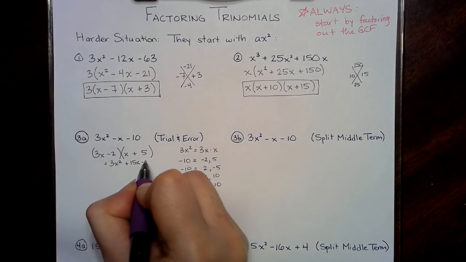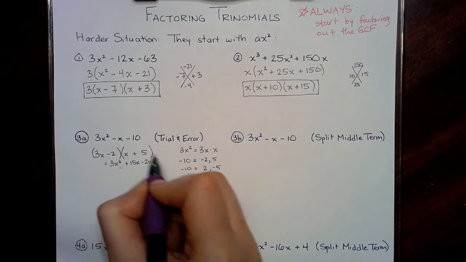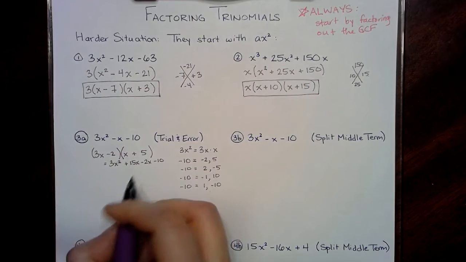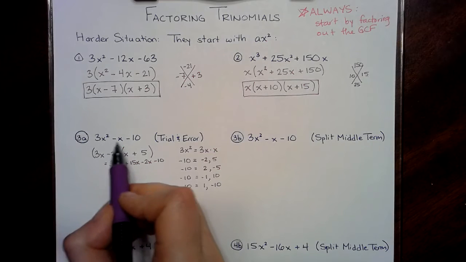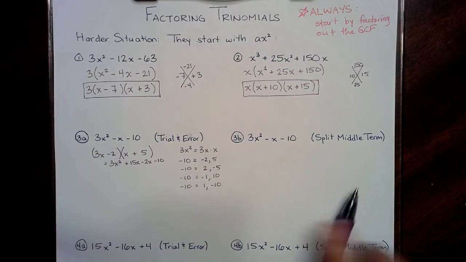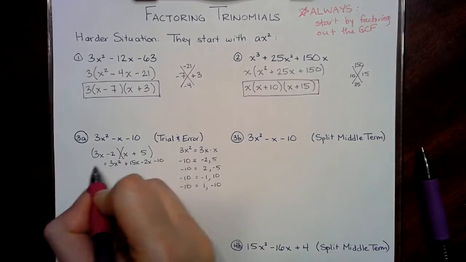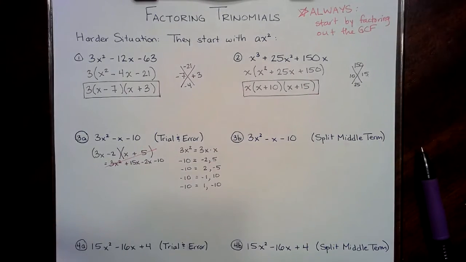Negative 2 times x gets me minus 2x. Negative 2 times 5 gets me minus 10. Well, plus 15 minus 2 is going to get me to 13, which is not this middle term. So this one is not going to work.